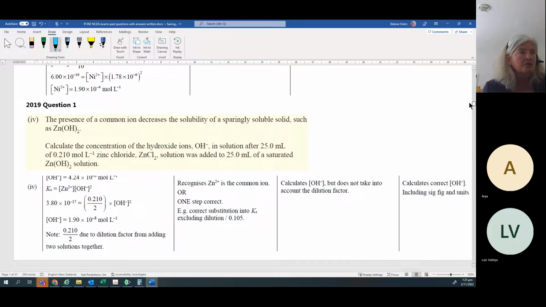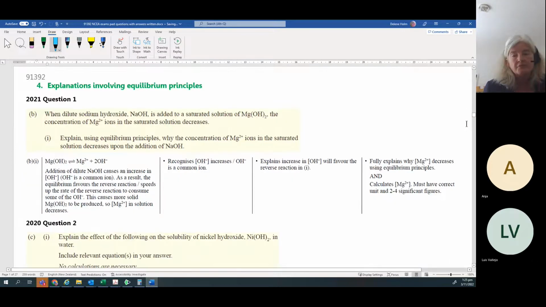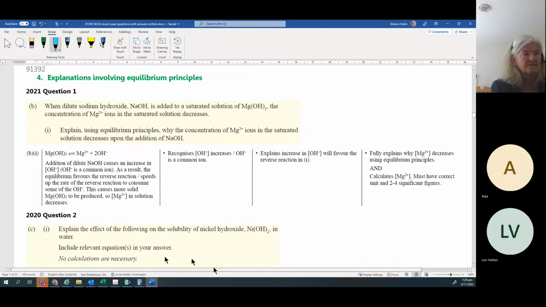Then you've got the type of question where you've got to explain, and this is always your Excellence level question. Whenever you are given an explanation type question, you can recognize them because they often say no calculations necessary. You can see that over here.